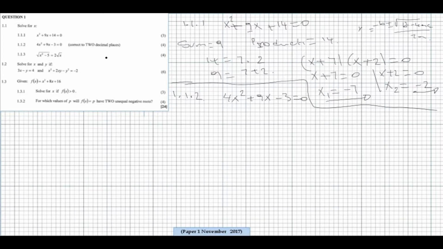If you see a question where they give a quadratic equation and then say correct to two decimal places, you just need to apply this formula to determine the value of x. If we try to use the method of sum and product, it's very tricky to determine two numbers so that when we multiply them we get the product, and when we add them we get the sum.